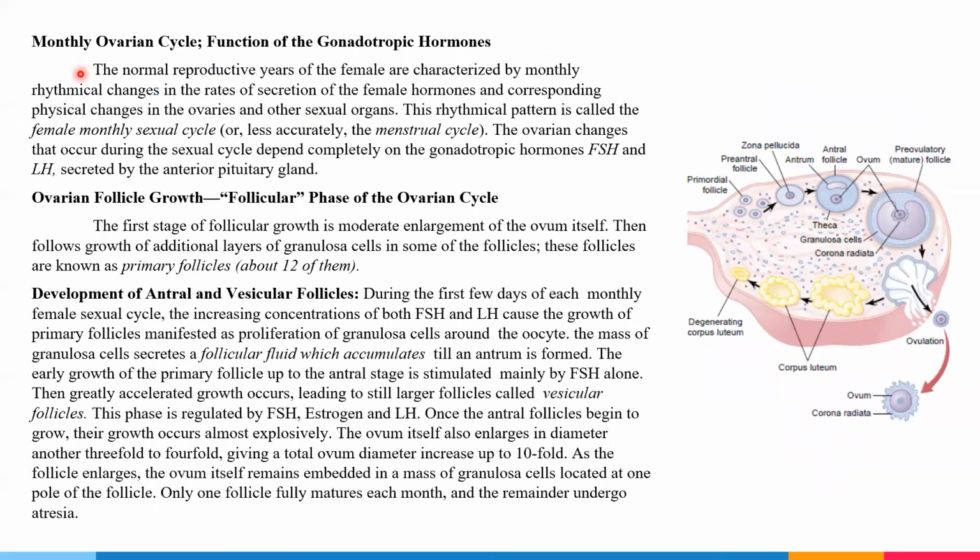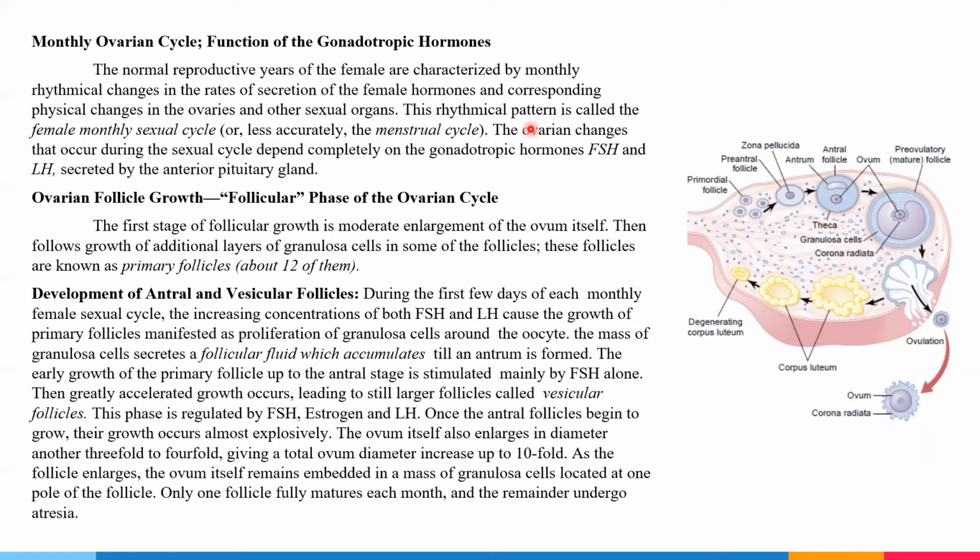First, let us look into the monthly ovarian cycle and the function of the gonadotropic hormones. The normal reproductive years of the female are characterized by monthly rhythmical changes in the rates of secretion of female hormones and corresponding physical changes in the ovaries and other sexual organs.